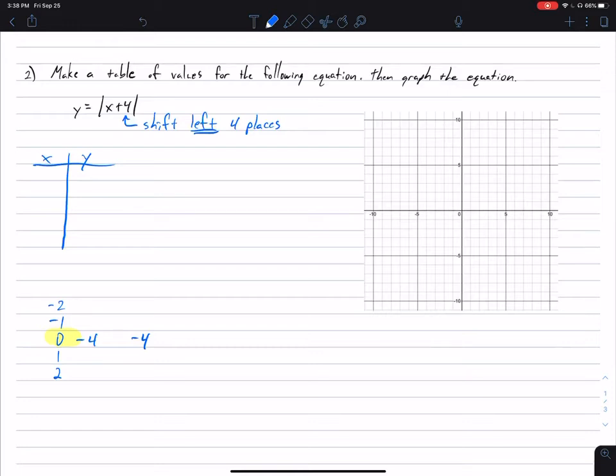So instead of using -2, -1, 0, 1, and 2, I want to shift those numbers 4 units left, and we're going to do that by subtracting 4 from each one of them. It doesn't always make sense right away, but once you get into practice with this, you'll see that it does wind up making sense. And once we graph this, you'll see why. So these new numbers are going to become -6, -5, -4, -3, -2, and these are the numbers I'm going to use as my x values.